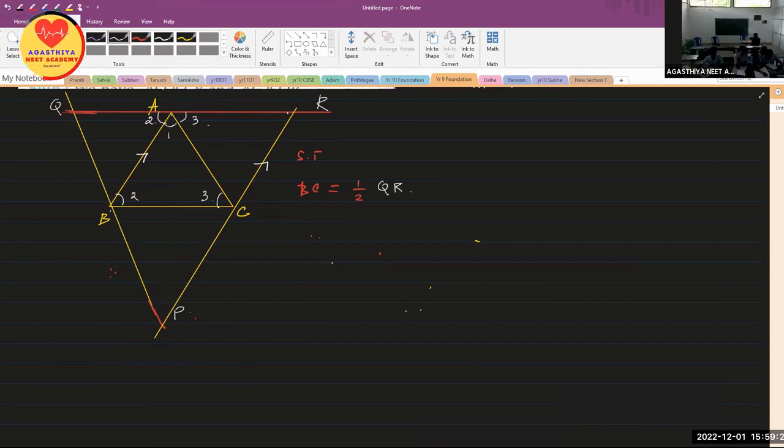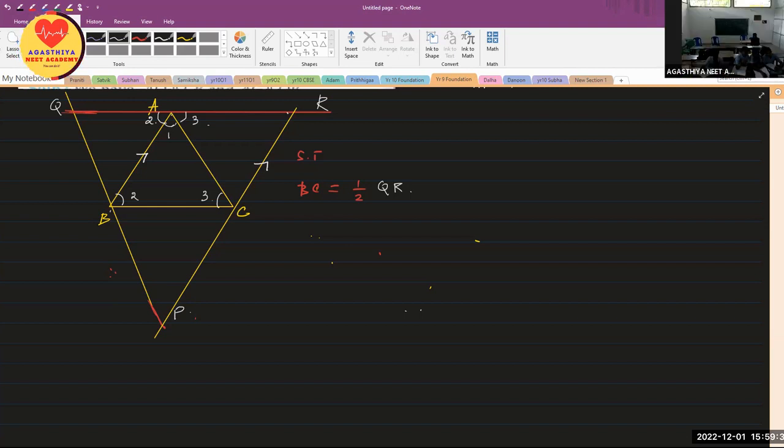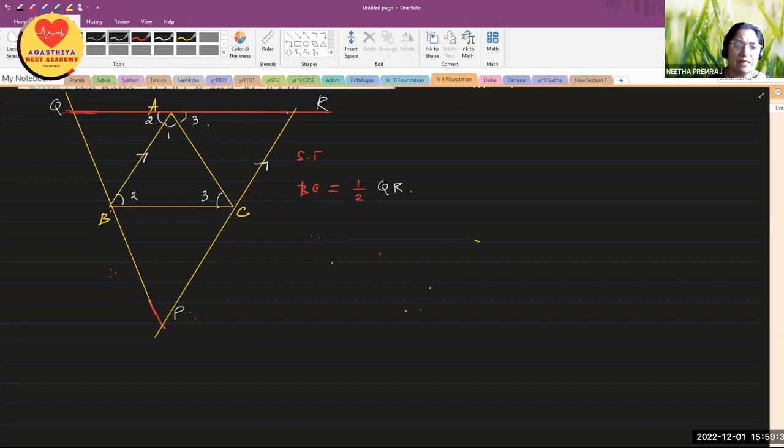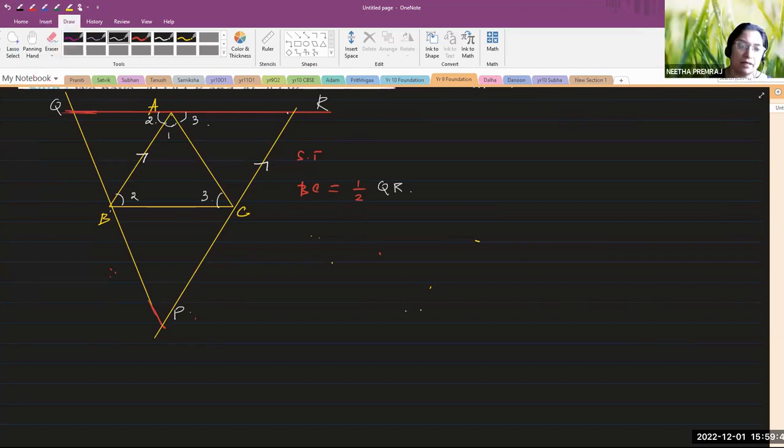Guys, can you understand? Similarly, if you see AC is parallel to QP, so AC works like a transversal line, isn't it? So this is 2, that is what we marked. Okay, then what else?